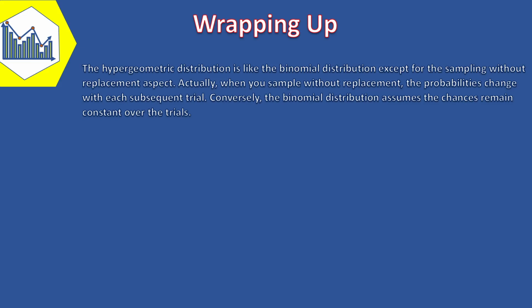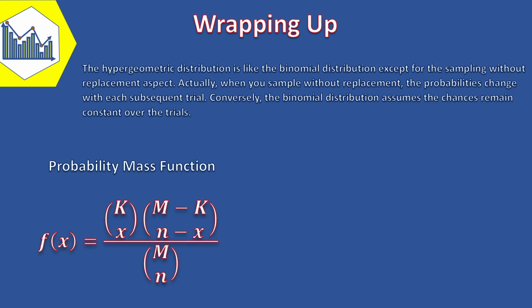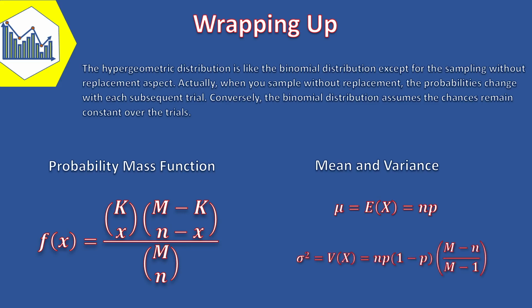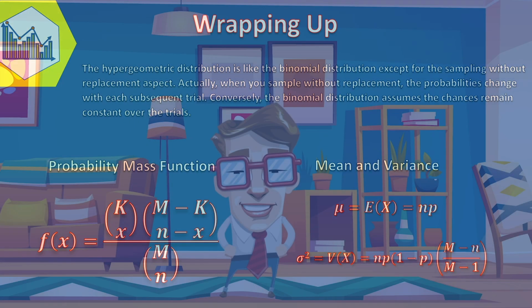Then we got familiar with its probability mass function, which was equal to k choose x times m minus k choose n minus x over m choose n. And then we saw its mean and variance, which were equal to n times p and n times p times 1 minus p times m minus n over m minus 1 respectively.